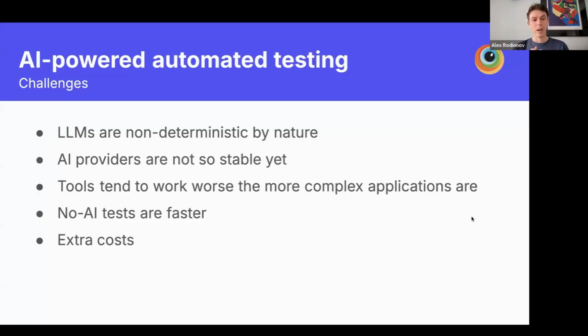You have to understand that we add another layer of indirection here, the LLMs. LLMs are not super fast, right? They take time to produce new tokens. So I don't think AI tests could ever be faster than just writing plain Selenium code yourself. Different solutions take different approaches to solve this.